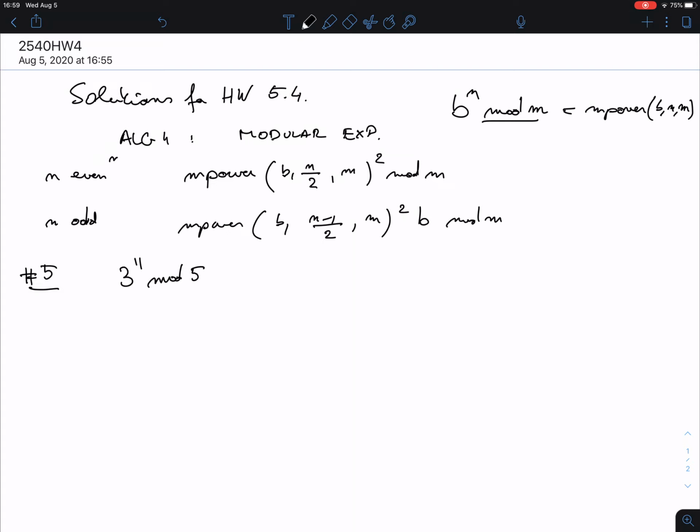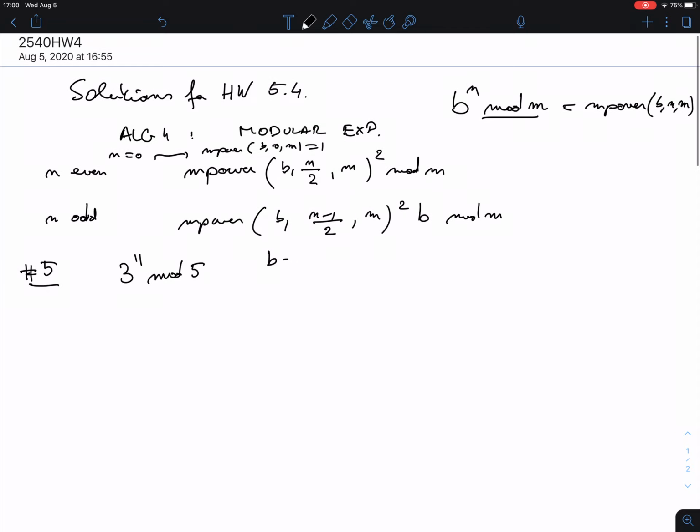So if n is 0, then the answer, m power b 0 m, is just 1. Okay, 3 to the power 11 mod 5. So b is 3 here, m is 5, but these are fixed throughout, so I'm not going to keep repeating them. What is important is n.